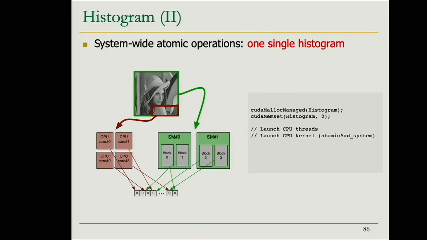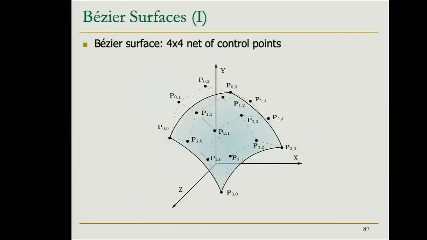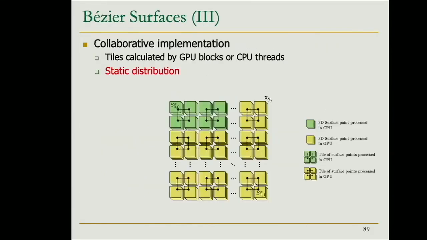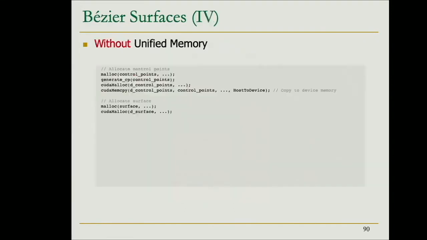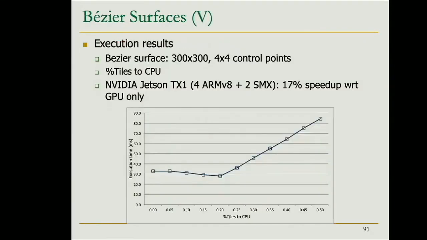But if you have an integrated GPU, and these two things are inside the same chip, and this is the same memory space, the same DRAM, then it's going to be much more efficient. And you can see quite a few examples of this collaborative implementation. Bezier surfaces is a kind of processing for graphics.